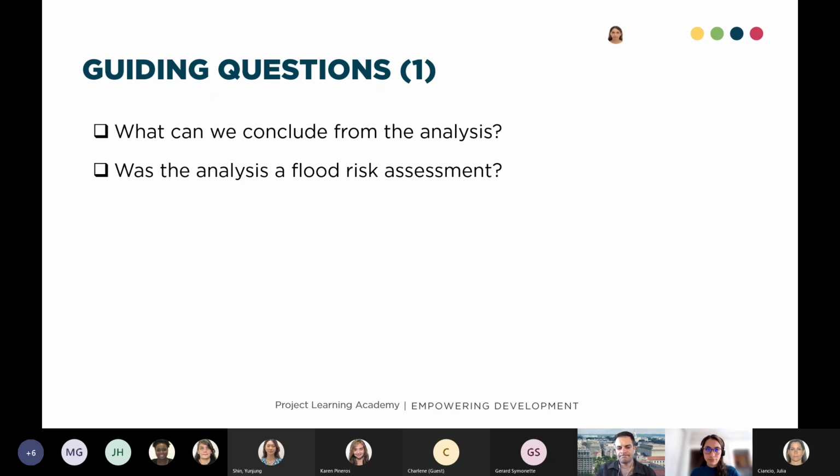Yunjin? Yes, just to comment on what you just said, I think it's also highly context specific, depending on the country's existing information availability, whether it is hazard, vulnerability, or exposure information. And the thing that I wanted to know was, in the previous slide, you said the analysis was on hazard or exposure in a GIS format.